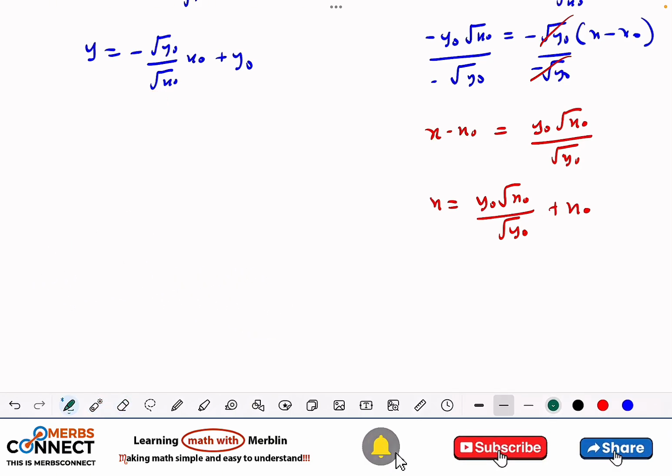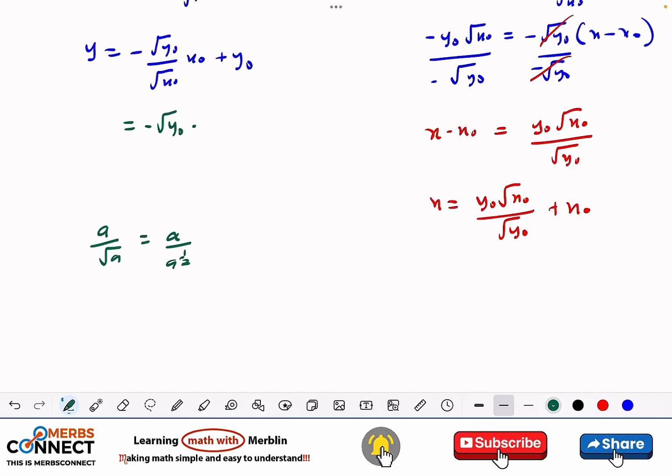Now, this is the same as minus root of y naught times. Now look at this. We are using indices. A divided by root of a is the same as a divided by a to the power 1 over 2, right? And this is to the power 1. So this is the same as a to the power 1 minus 1 over 2.